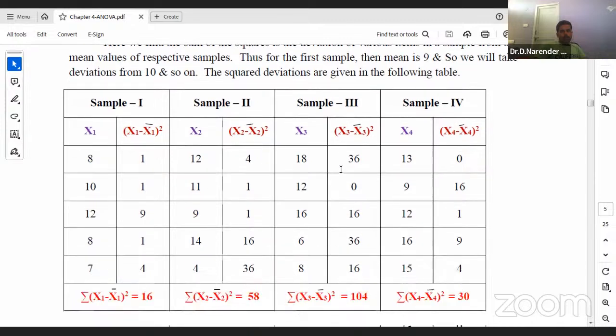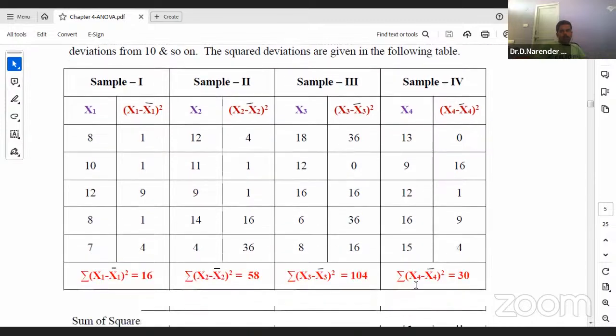You observe carefully. These x1 values you have taken from the question.